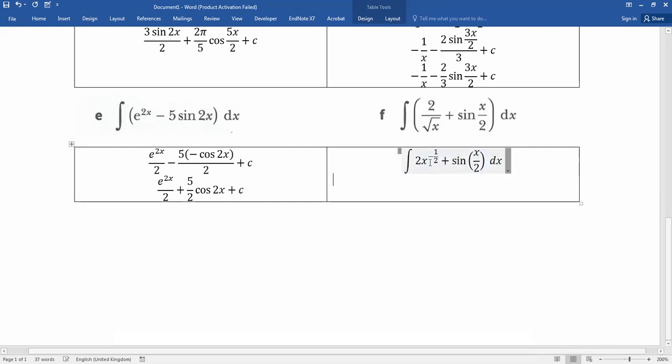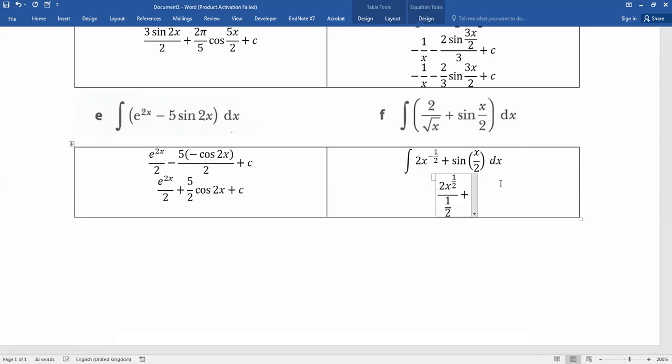Okay, one thing you must be careful about is that you integrate the entire thing in one step, or if you want to integrate separately, you put integrals on each one of them individually. Yes, sir. 2x to the power half and then divided by one half, plus the integral of sine is negative cos of x upon 2 and then divided by the derivative of the angle, which is half, plus c.